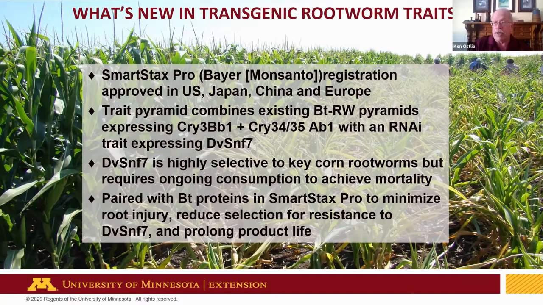That's why it's paired with the BTs, because they offer a quicker kill. The dilemma comes in if those BTs are already compromised, then you're relying on the RNAi and it's slower acting. In highly resistant situations, you may still be getting some root protection, but you're going to see potentially higher levels of damage. And then all the selection pressure will be on the RNAi.